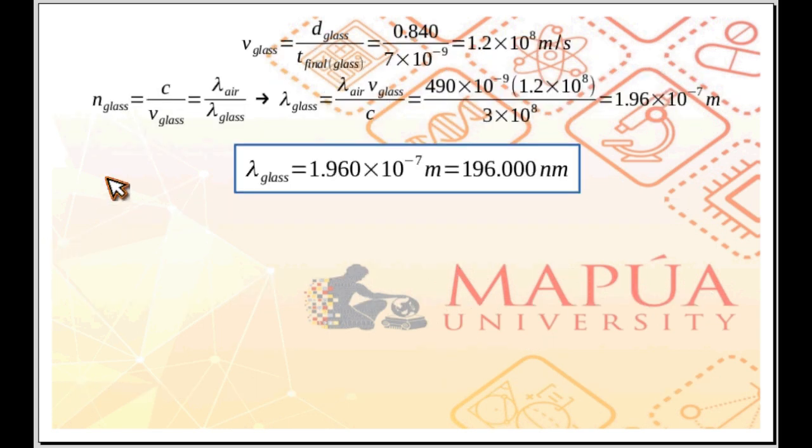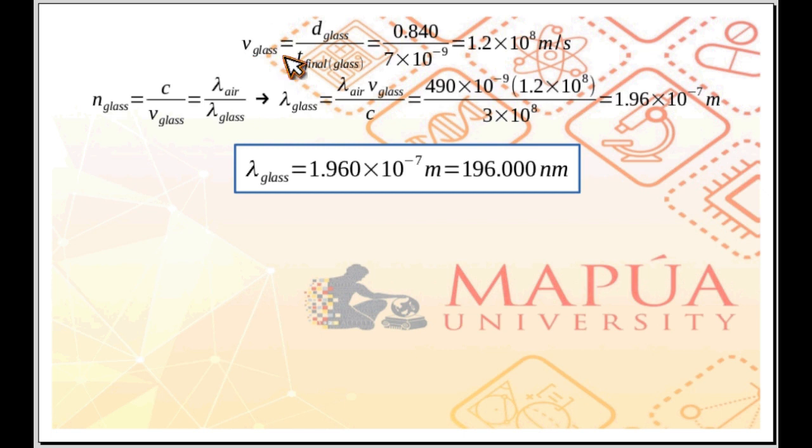Knowing T final glass, the time it takes the light to travel through the slab of glass, and knowing the thickness of the glass, we are now able to determine the speed of light in the slab of glass. You have uniform motion, which gives us the speed of light in the glass.